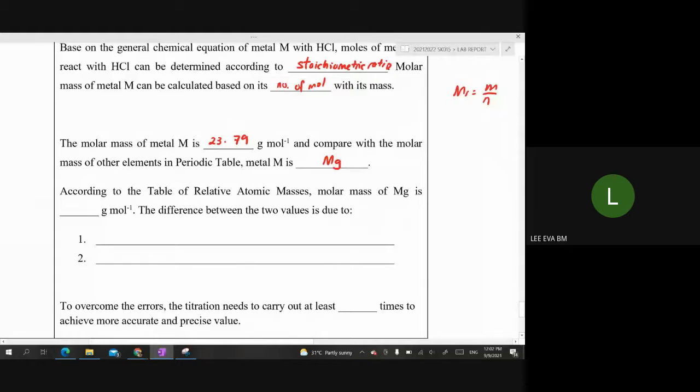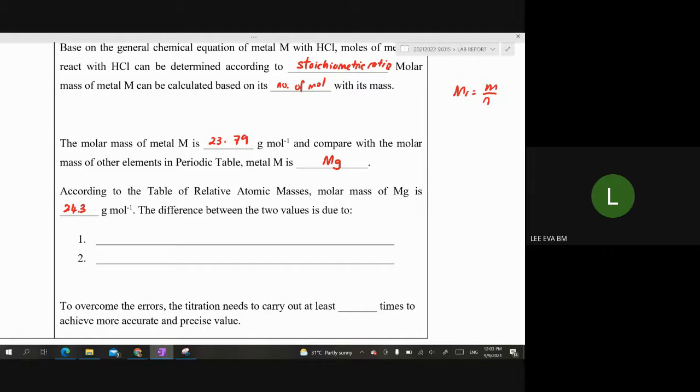So this, as discussed just now, we bring forward into your discussion. So according to the table of relative atomic mass, molar mass of Mg, just now madam has already mentioned, is 24.3 gram per mole. So there is some difference in the reading, 23.79 with 24.3.